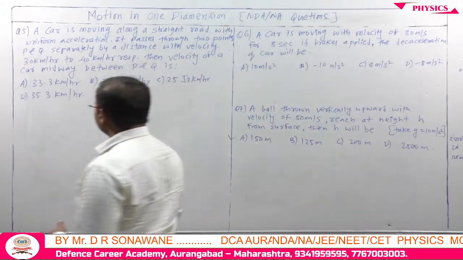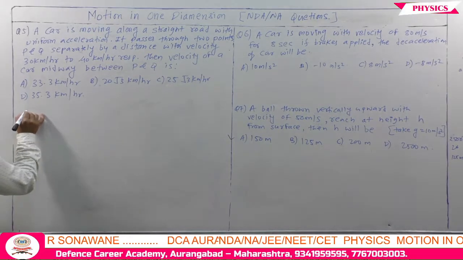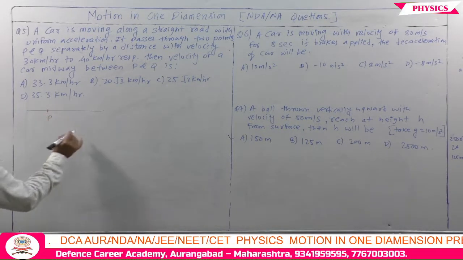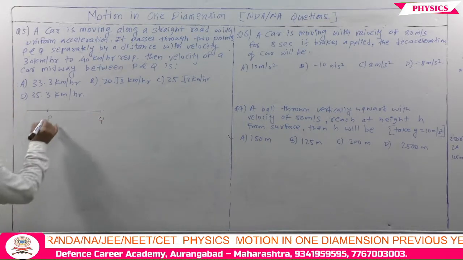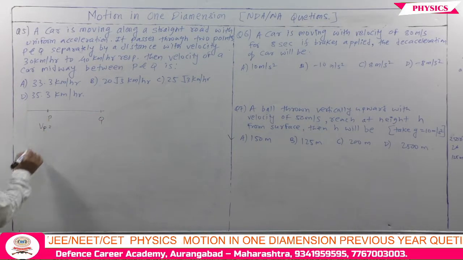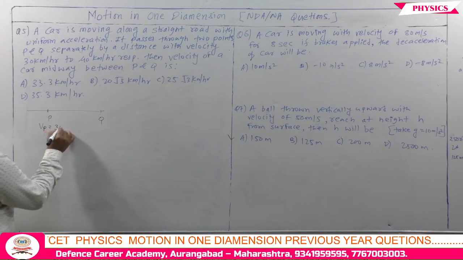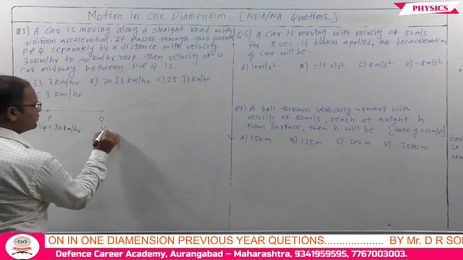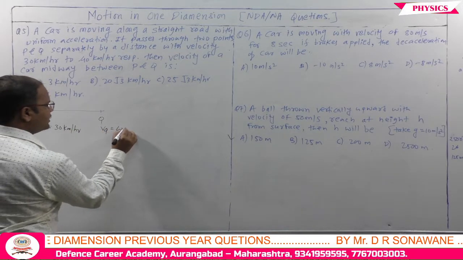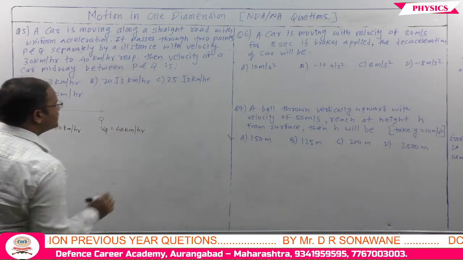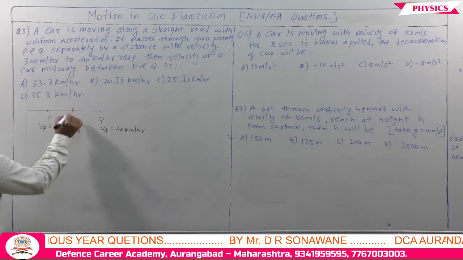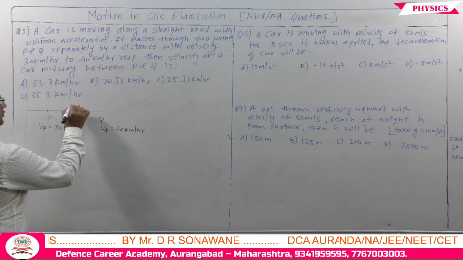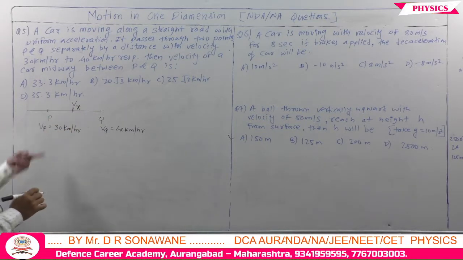If we consider this is point P and this is point Q, they have said that Vp, the velocity at P, is 30 km per hour, and for Vq we can write 40 kilometer per hour, and they want the velocity at the midway point. If we say it is point x, we want to find Vx, the velocity at the midway point.